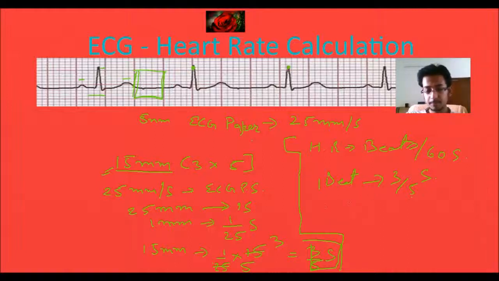It's a simple unitary method: in 1 second, 5/3 beats. Now in 60 seconds we can easily derive it. 60 seconds is 1 minute, so in 1 minute we'll know the beats: 5/3 into 60. Here we go, we have 100 beats per minute.